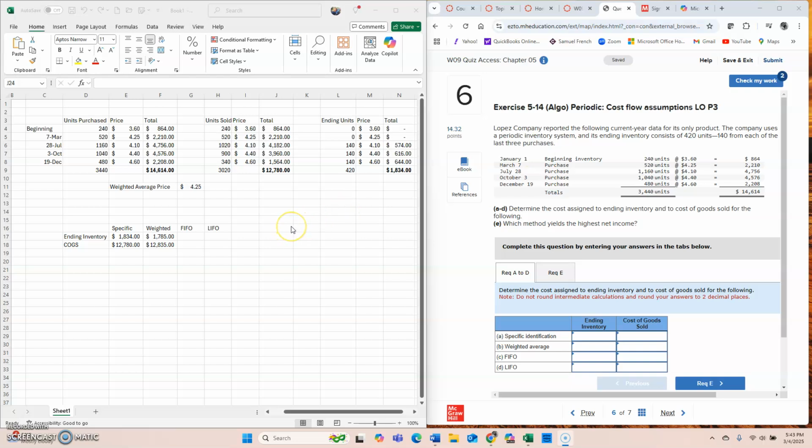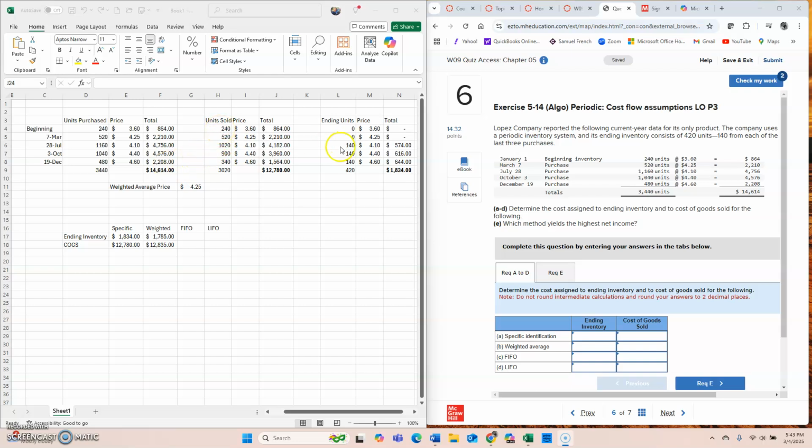So I have everything in already for this specific identification. Here's all of our units purchased at their prices and their total. This is our cost of goods available right here. And then I put in the units sold.